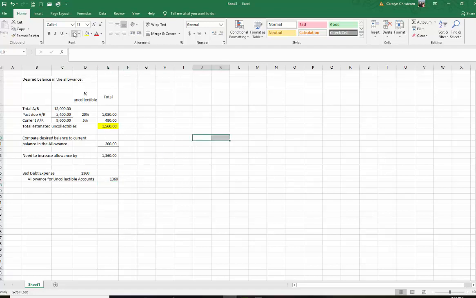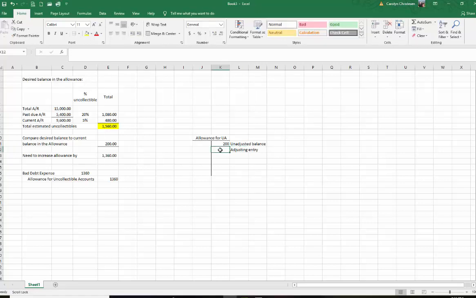Now just to remind you what's going to happen in our allowance, let's make a little T account here. Allowance for uncollectible accounts. Our allowance had $200 in it, so that's our unadjusted balance. And then we have our adjusting entry.